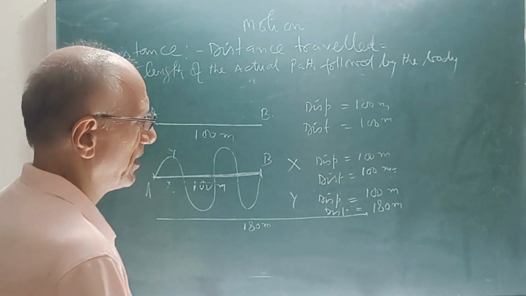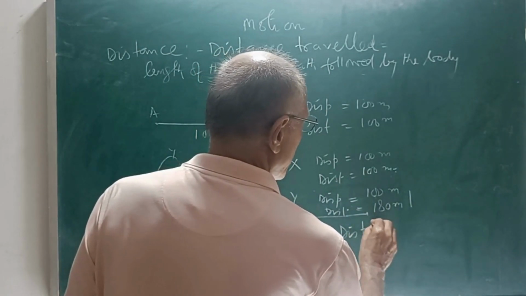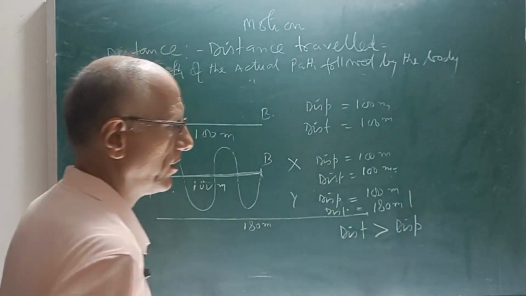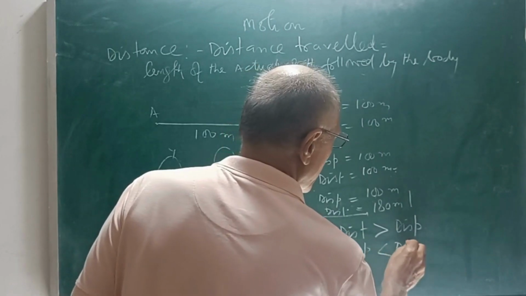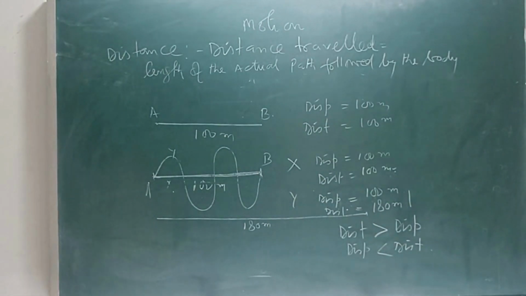So here for y you have seen distance is greater than displacement, or you can say displacement is less than distance traveled. Distance means distance traveled. Now you can take another example.